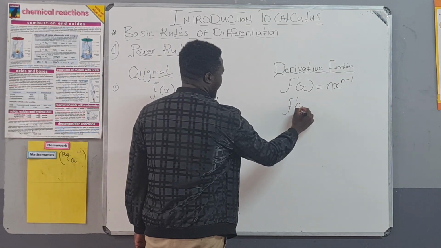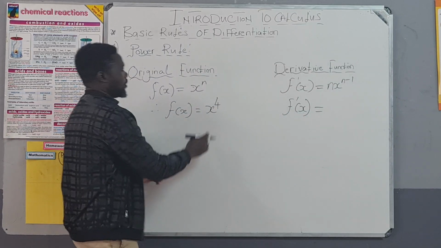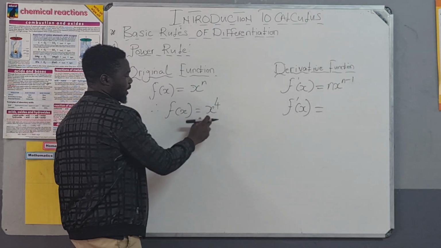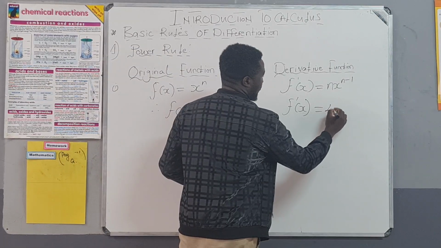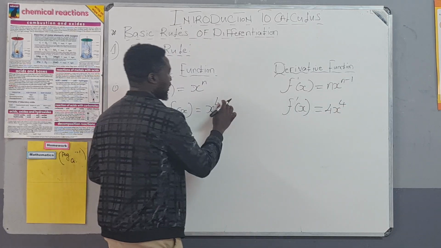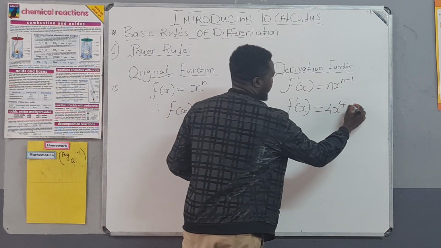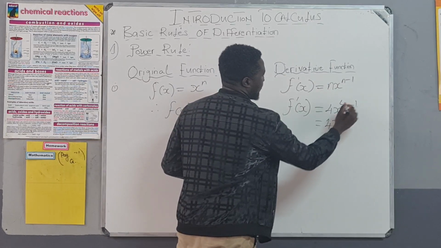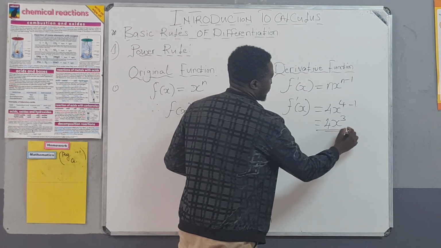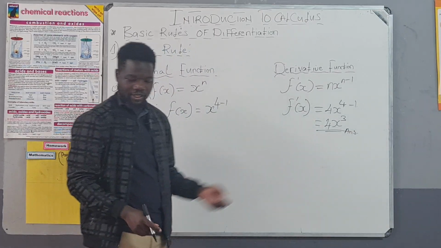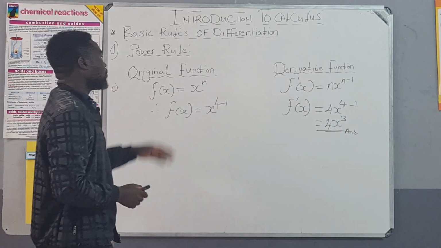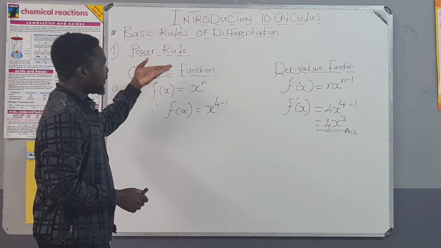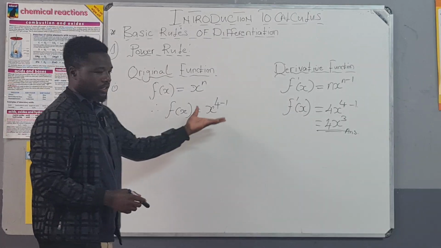So the derivative function will be 4x, and 4 minus 1 is 3, so 4x to the power 3. That will be the answer. That is how we treat the power rule under differentiation rules.